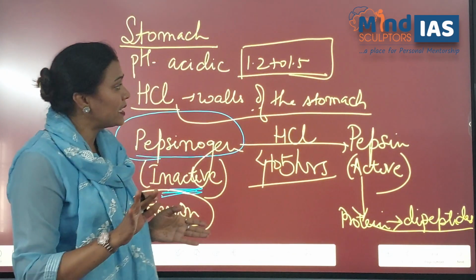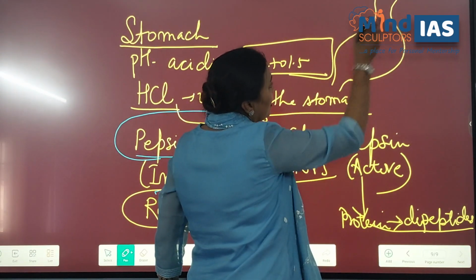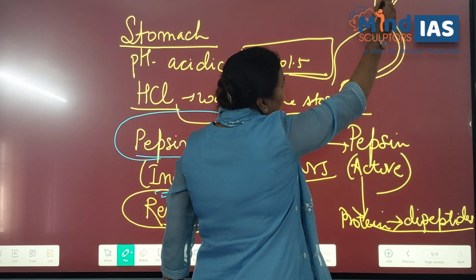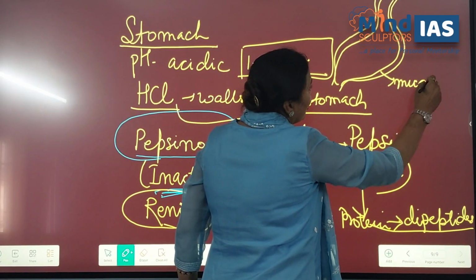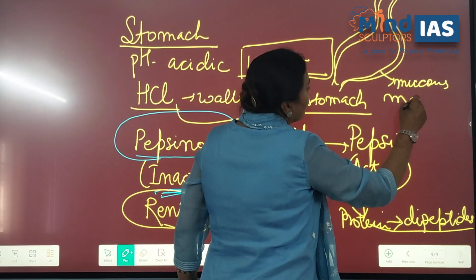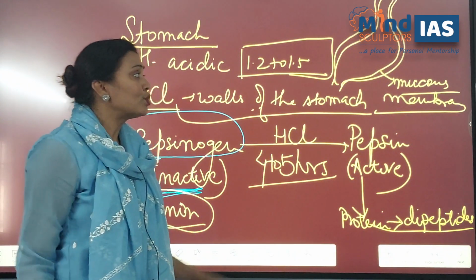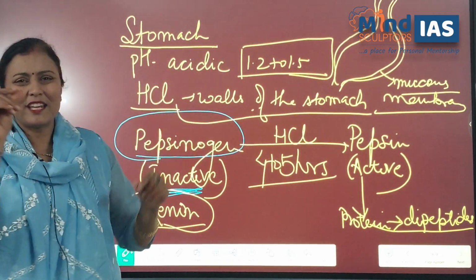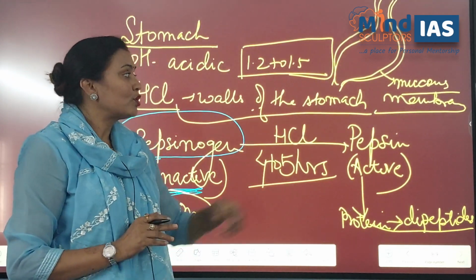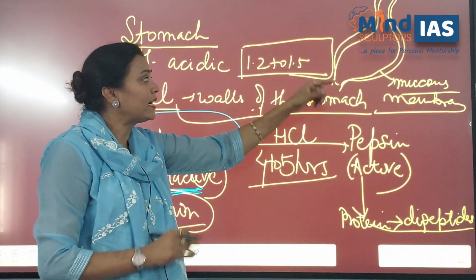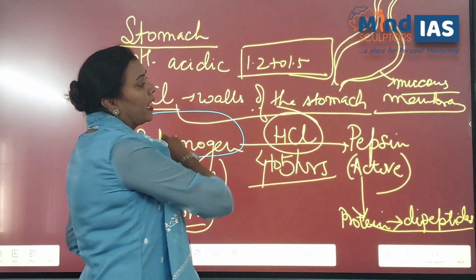The reason is that the inner lining of the stomach is covered by a membrane called the mucous membrane. This layer of mucus is a very sticky substance secreted by the wall of the stomach, and it protects the wall of the stomach from the action of this HCl.